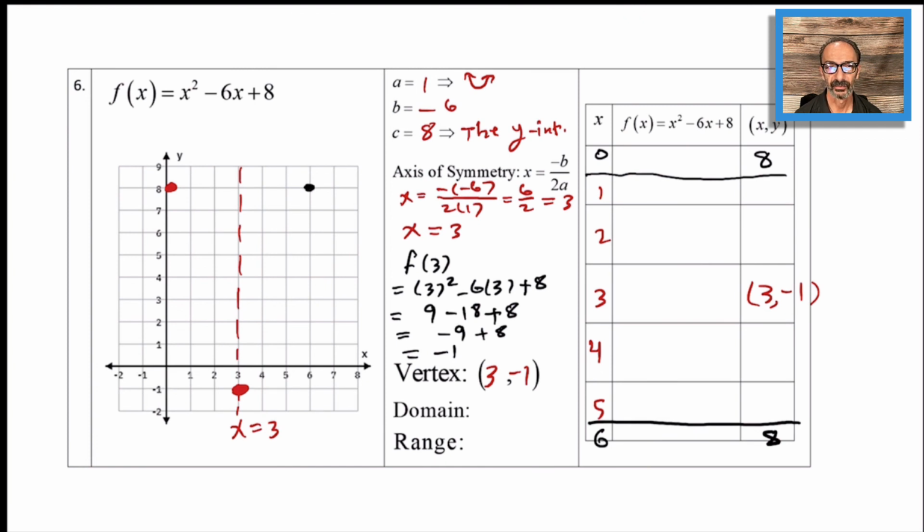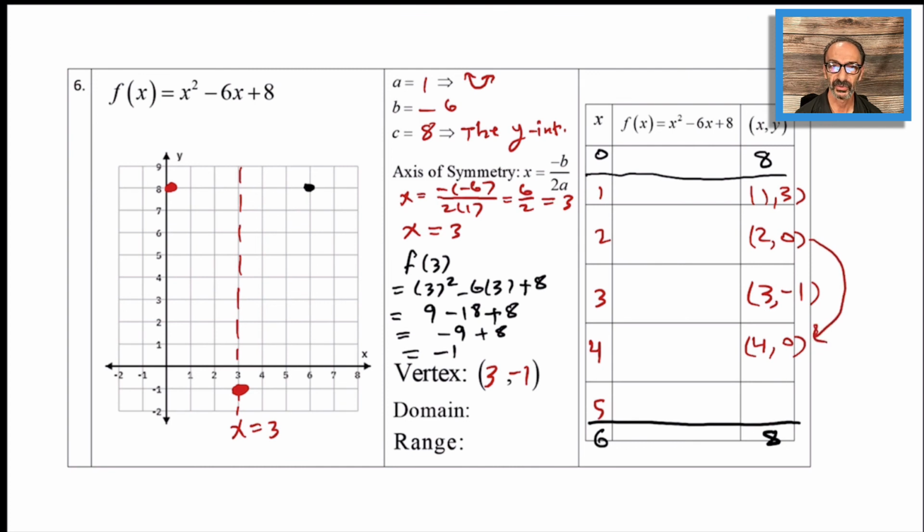Because of symmetry, 3 units to the right of the line of symmetry will be at 6. Because of symmetry, it's going to be leveled all the way up at 8. And that should do it. To give you the numbers for 1 and 2 to make it a smooth and clean graph. If you plug in 1, you get 3. You plug in 2, you get 0.